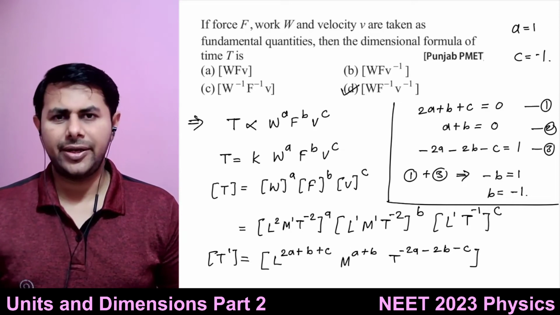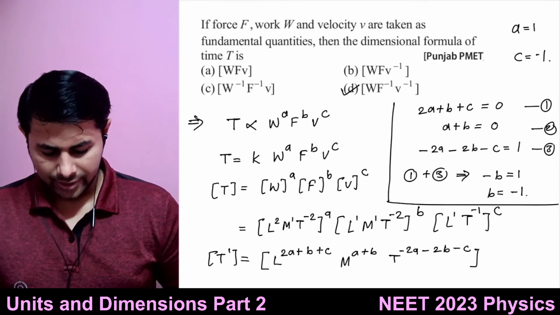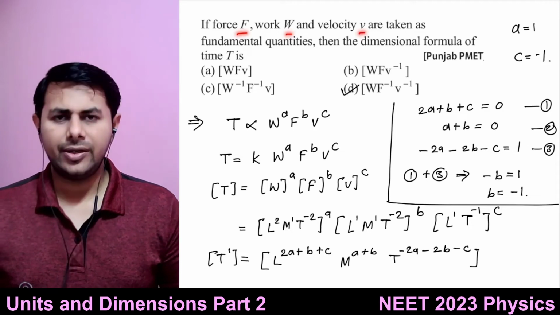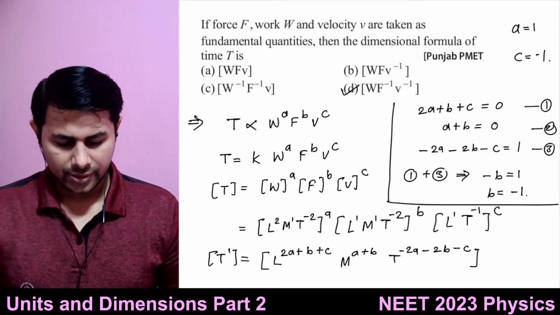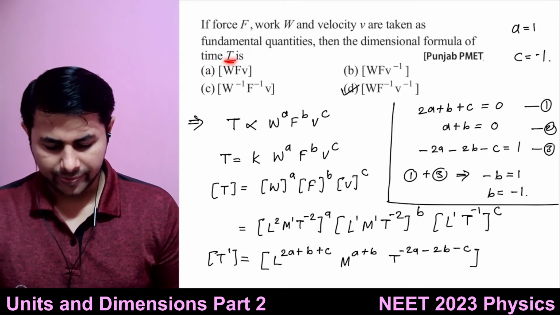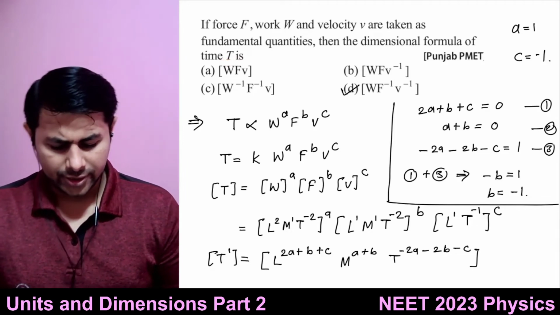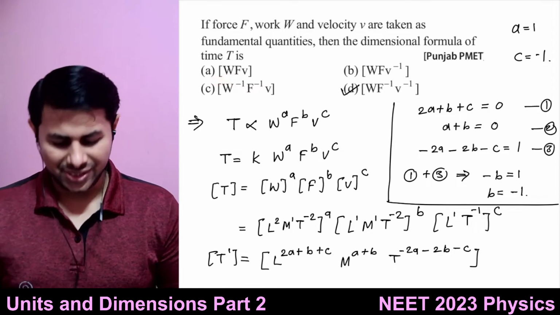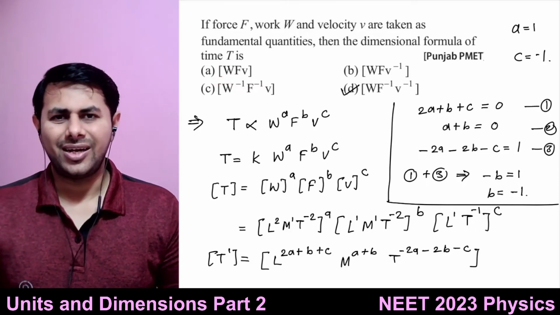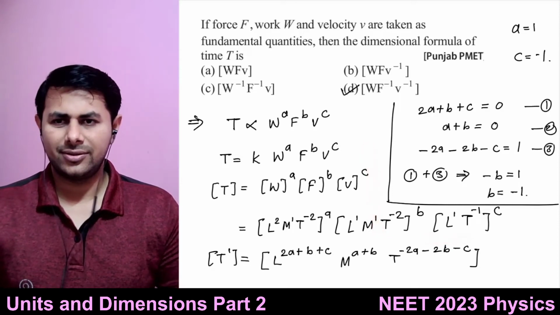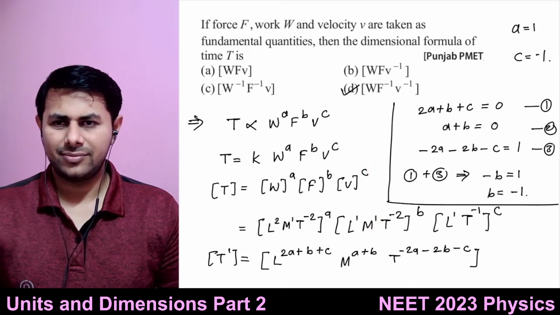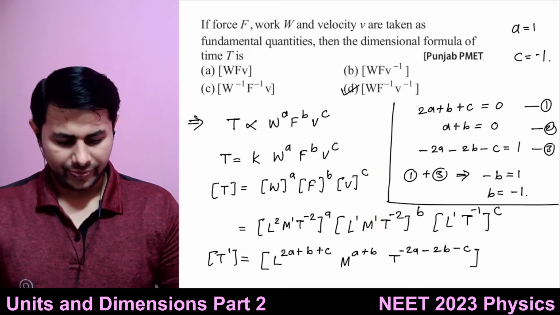Just substitute the dimensions of these things, F, W, and V, in the options themselves, and it will be faster than doing all this.